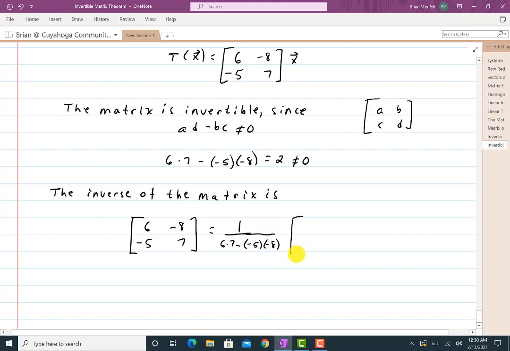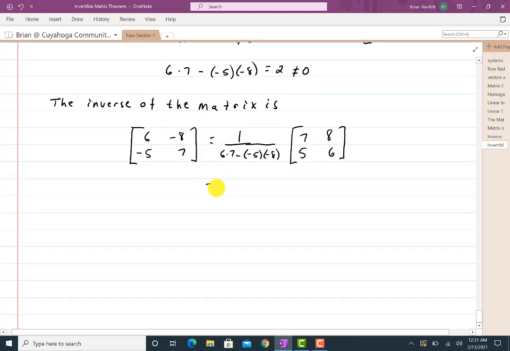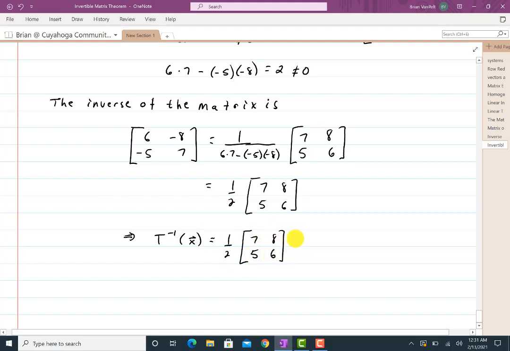And then what you did with these special matrices is you swapped the first and the last numbers, and then you negated the other numbers, like that. And so this is 1/2 times (7, 8; 5, 6). So this implies that my inverse function is given by the inverse matrix times x.